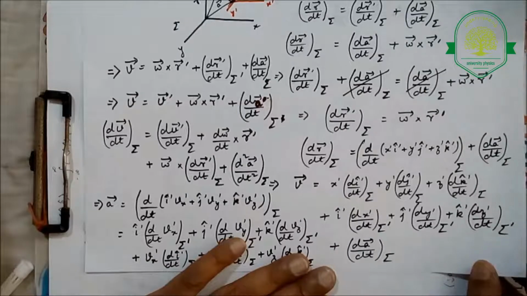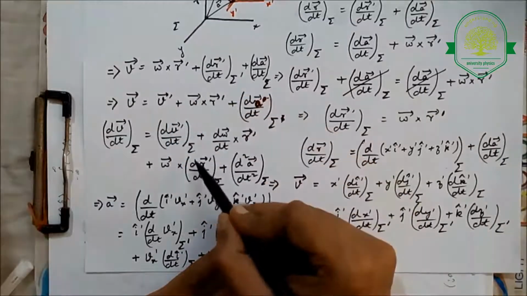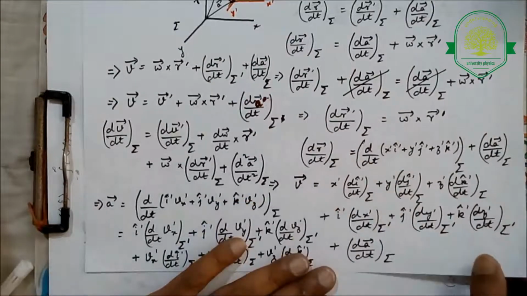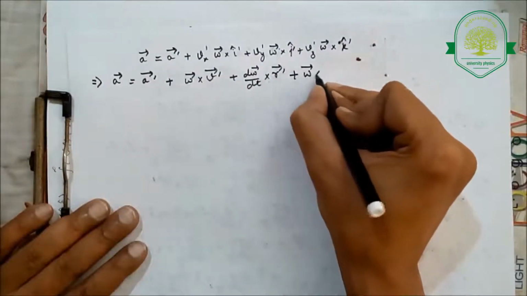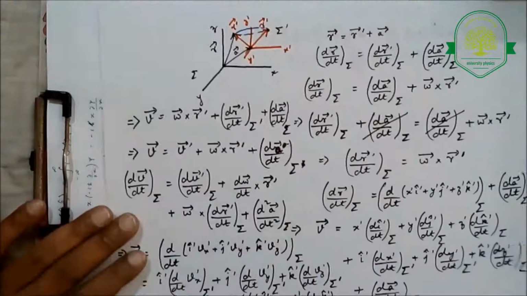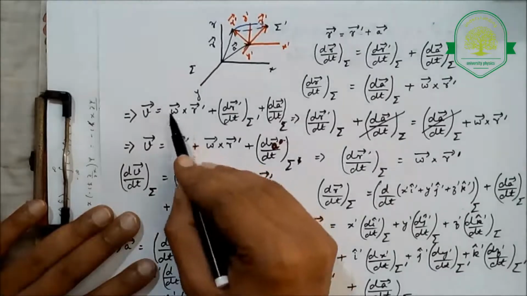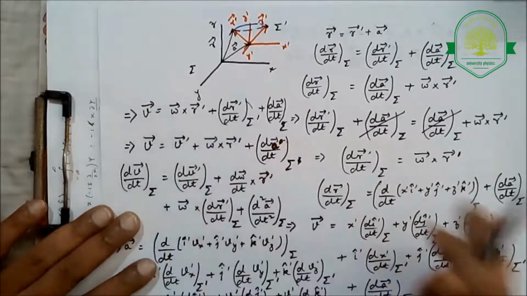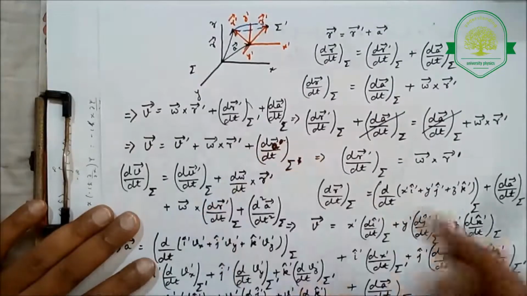So let me just substitute these two terms for this. So what do I get? I have omega cross this, and this is just omega cross r primed, plus this is just actually v primed.